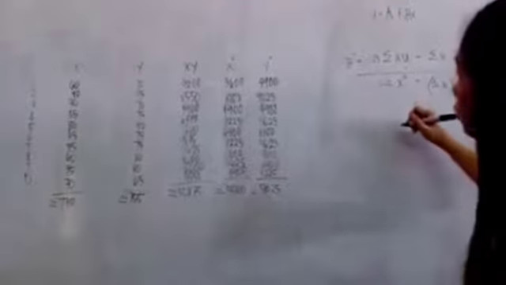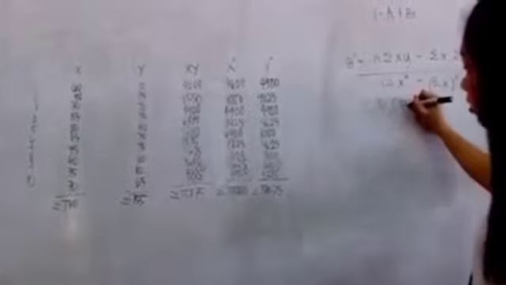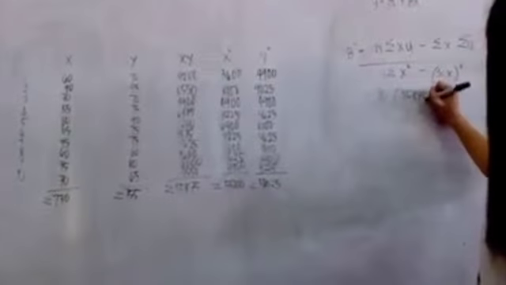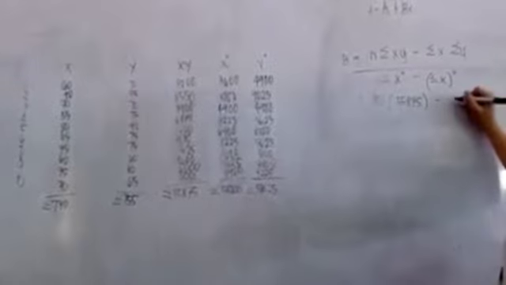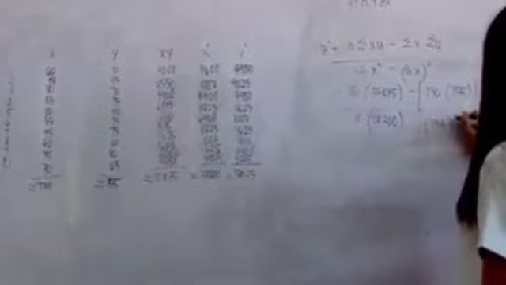Substituting all the given values, n is equal to 10, summation of xy is 55,875, minus 730, which is the summation of x, times 755, which is the summation of y, all over 10 times the summation of x squared, which is 54,200, minus the summation of x, which is 730, squared.